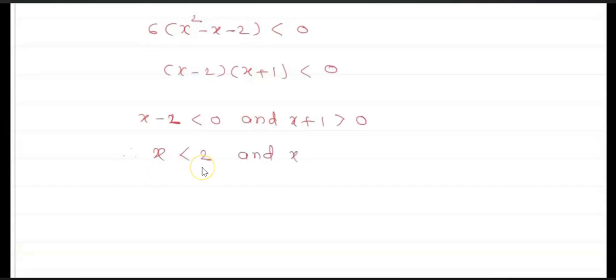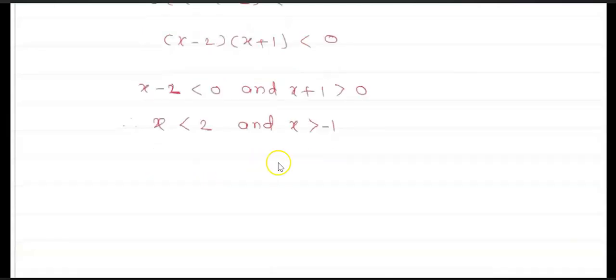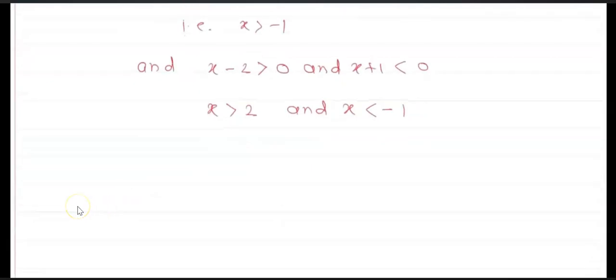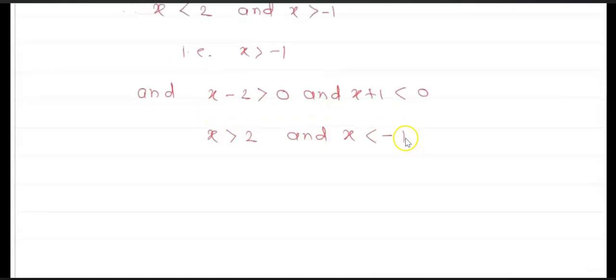x is less than 2 and x is greater than minus 1. That is, x lies between minus 1 and 2. Now x minus 2 is negative and this is positive. Now what's happening? x is greater than 2 and x is less than minus 1.